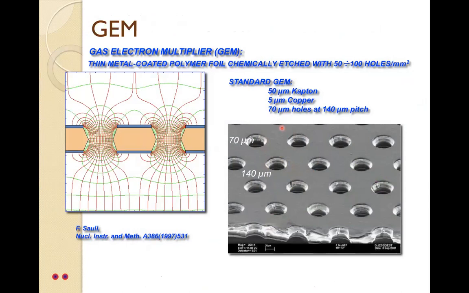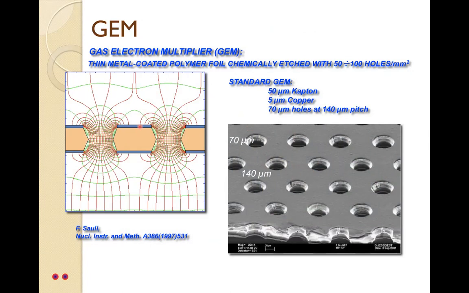So what is GEM? GEM stands for Gas Electron Multiplier. Okay. So this is basically a thin Kapton foil. Kapton means you can think of some plastic, very high resistive plastic of 50 micron thickness, and on top and bottom of it there is copper of 5 micron.